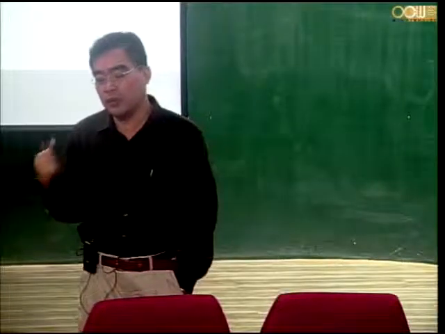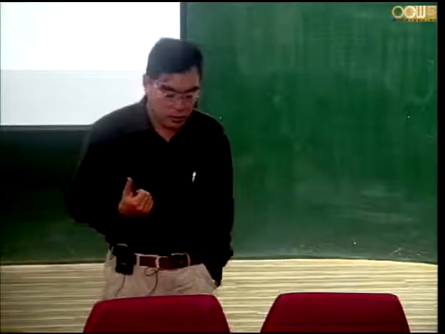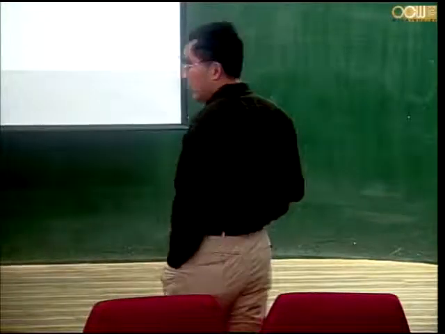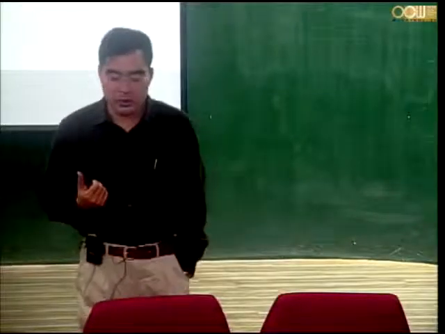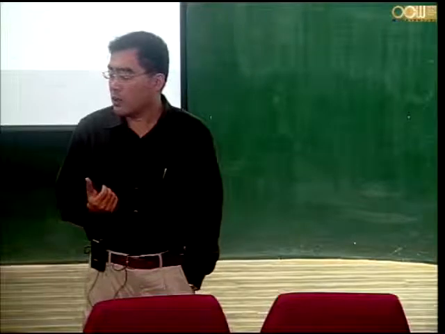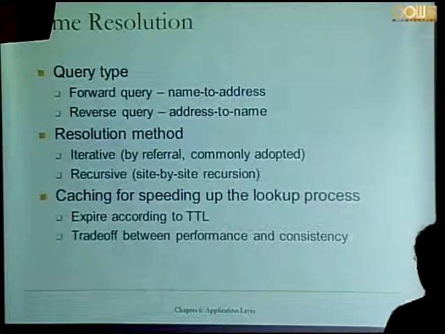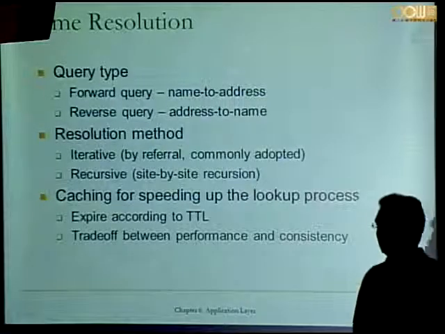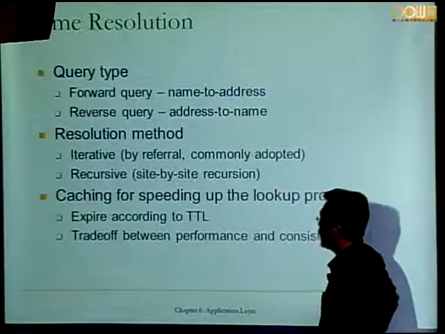Recursive is too difficult to achieve, because the name servers need to be stable. So it's too much load for the name servers, so it's less likely. The commonly adopted model is iterative. So we will see that process.